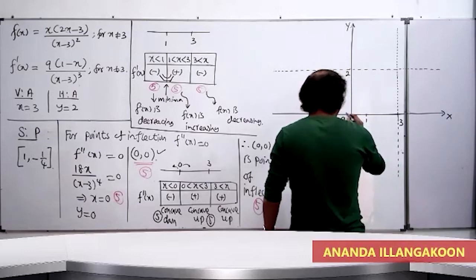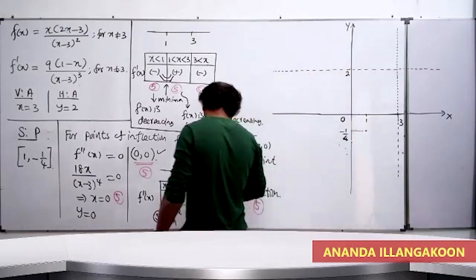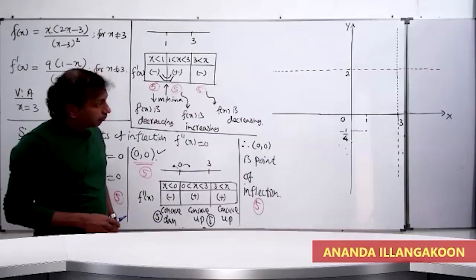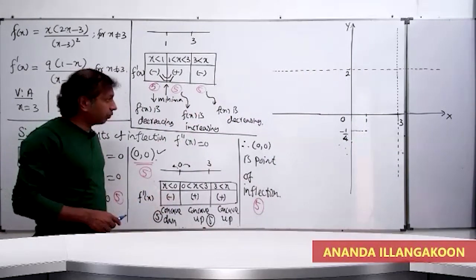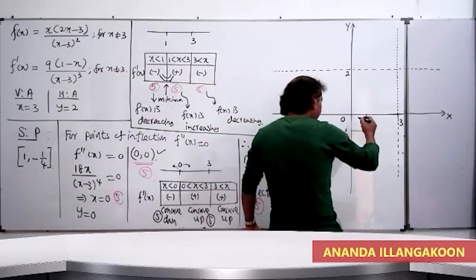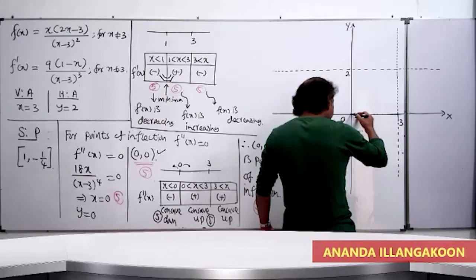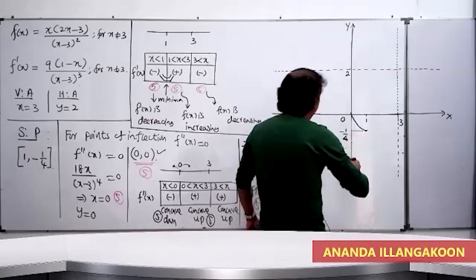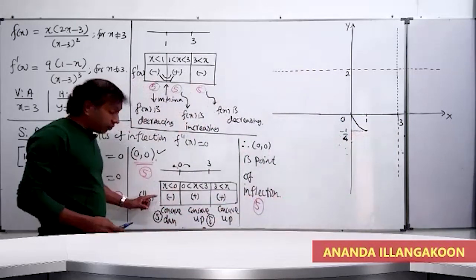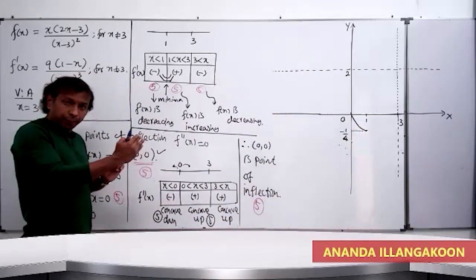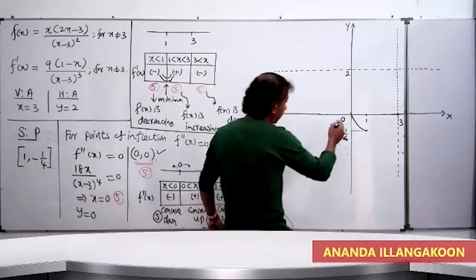This is the O. From 0 to 3, concave up, people. Less than 0, concave down. Then like this. Concave up means the graph should be above the tangents, no? On the left of 0, concave down. That means the graph should be below the tangents. Then here you have to very clearly draw that.